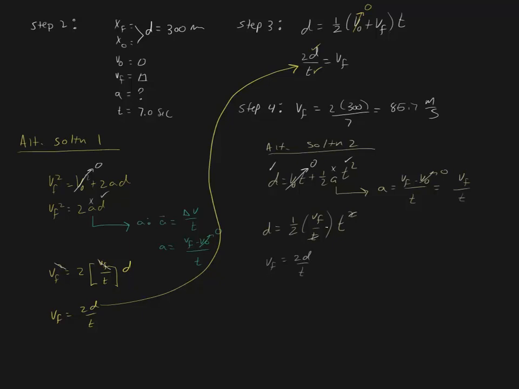The other thing that I want to encourage you with is to try multiple solutions. There will be times throughout the year where I will ask you to do that. You'll come up with an answer using one solution, and then I'm going to tell you to find another one. And that might mean that you're using a different kinematics equation as a starting point. It might mean that you're changing concepts completely.